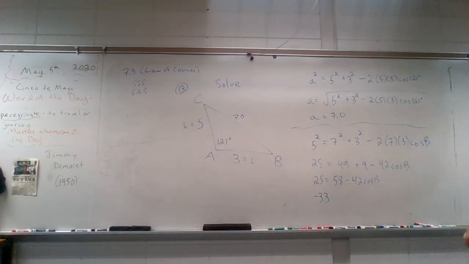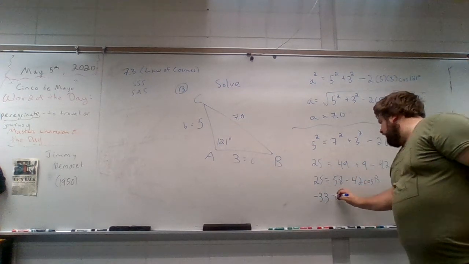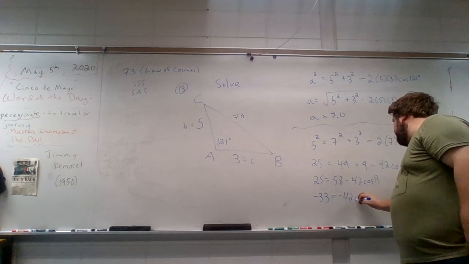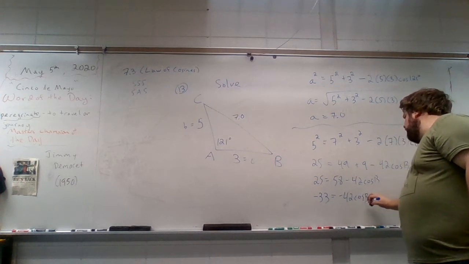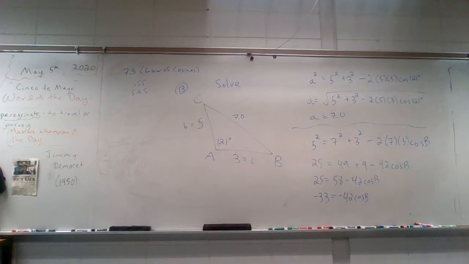I hope that's right. Okay, it's equal to negative 42 cosine of B. All right, and then I divide by negative 42. So cosine of B, negative 33 divided by negative 42. That's really just a positive 33 over 42.